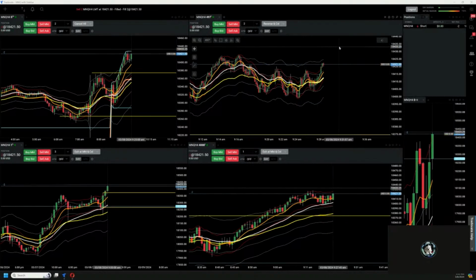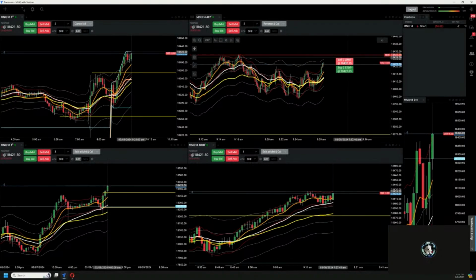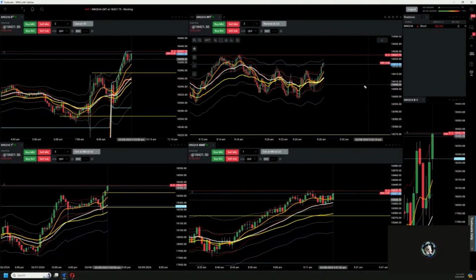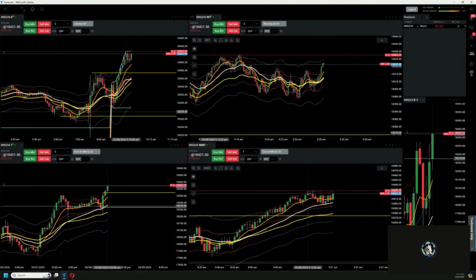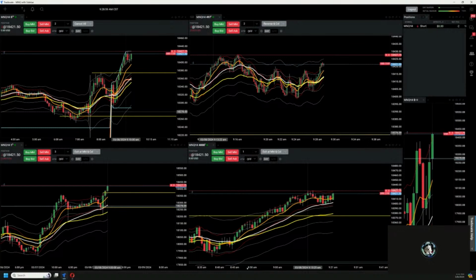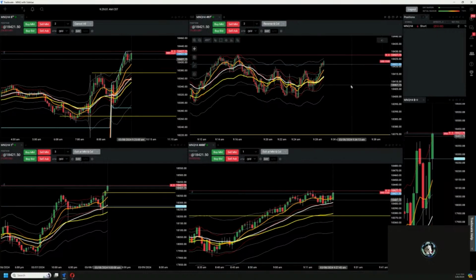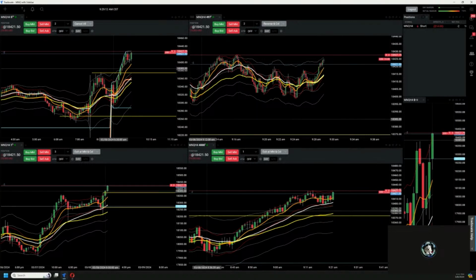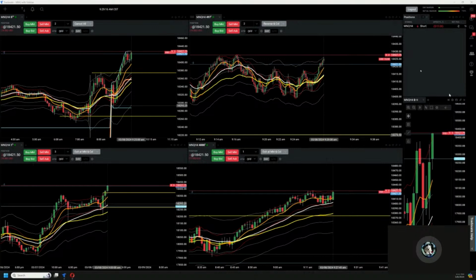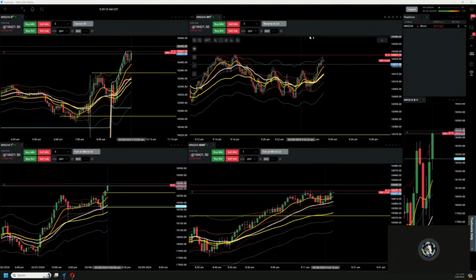Whew. Just because of the momentum, the way it's been the last few days, could that have been the pullback right there to go long? Could have been. It really could have been.